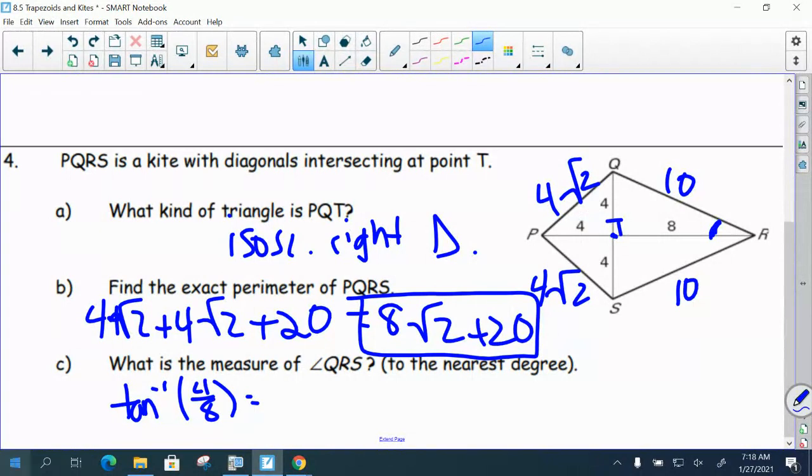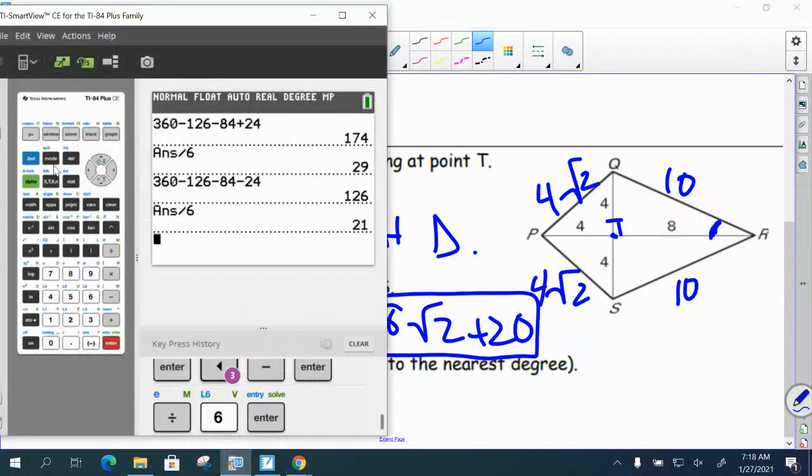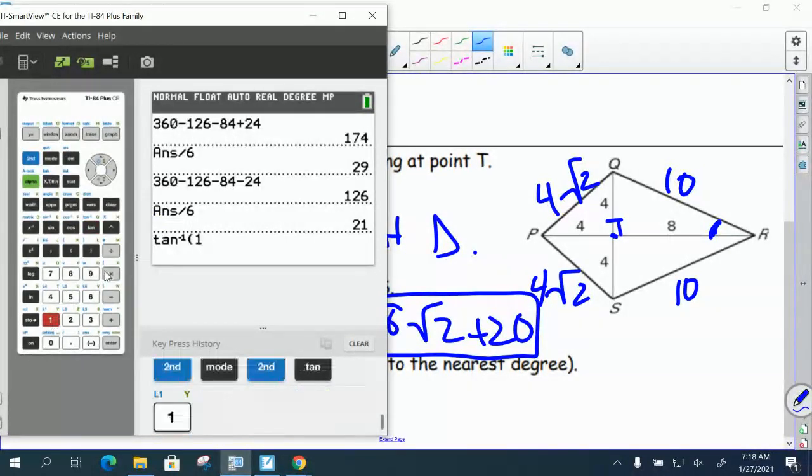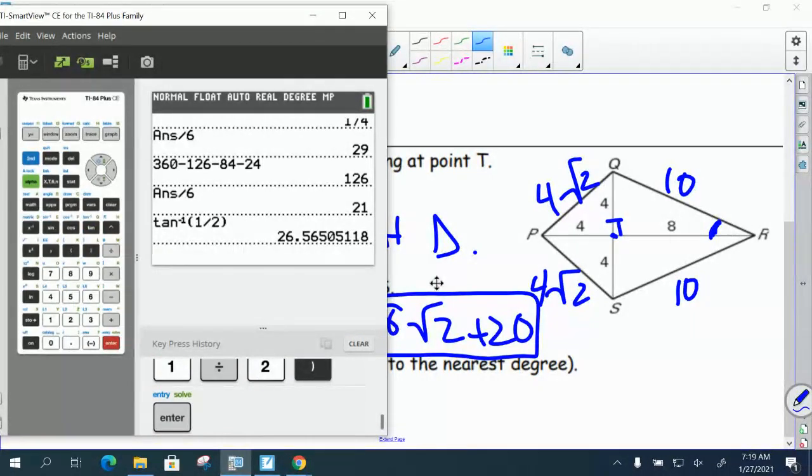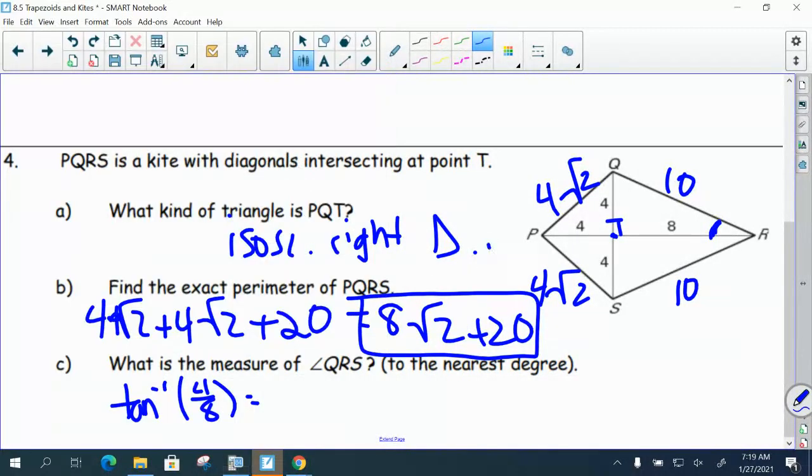Okay, so let's figure that out. If you type that in your calculator, I'm going to check the mode is in degrees. So the tangent inverse of 4 over 8, which is 1/2, is 26.5. We'll just call that 26.6.